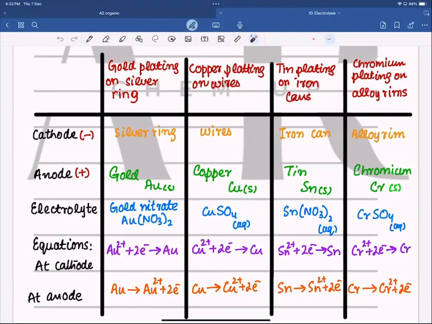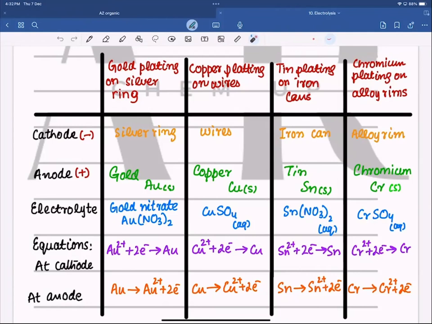There are two electrodes. We know at the cathode the positive ion is deposited, right? Yes. So the object which we need to plate with some other metal is going to be connected with the cathode, because at the cathode the deposition occurs. The positive ions are attracted towards the cathode, gain electrons and get deposited. So whatever object we need to electroplate, we connect it with the cathode.